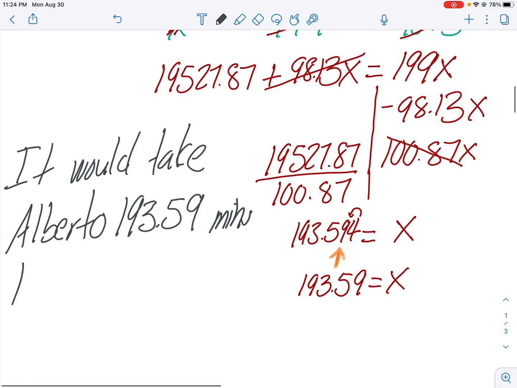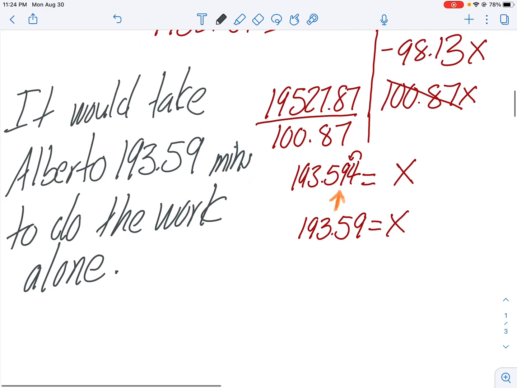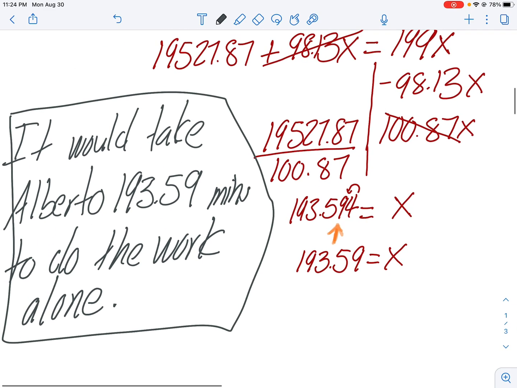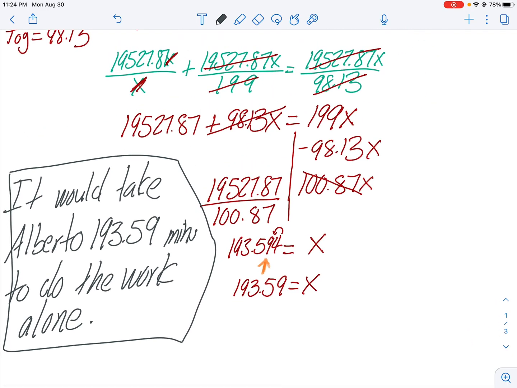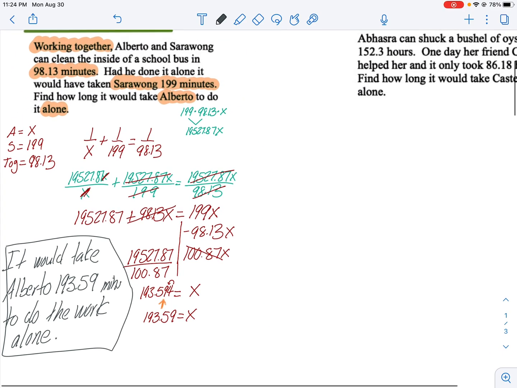Minutes to do the work alone. There you go. This is our final solution right here, because remember, this is a word problem, so we need a word answer.